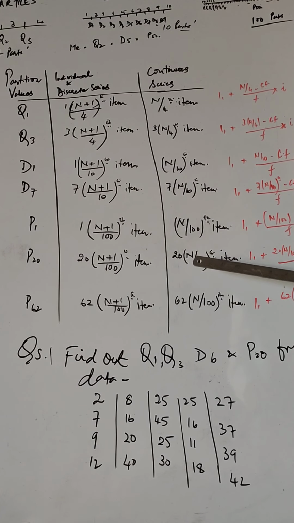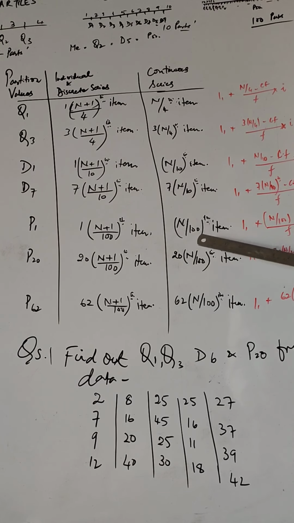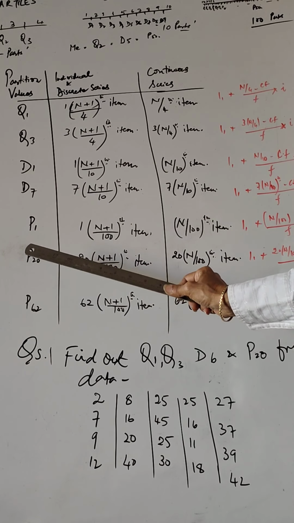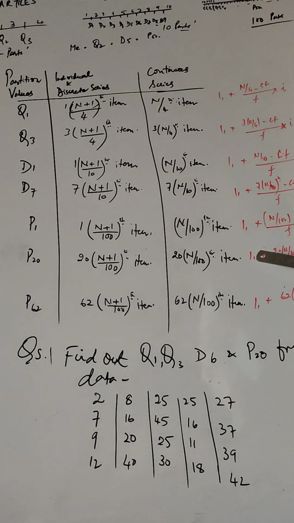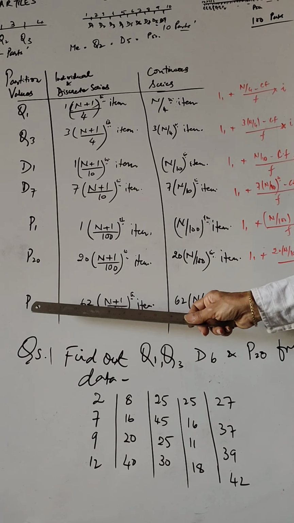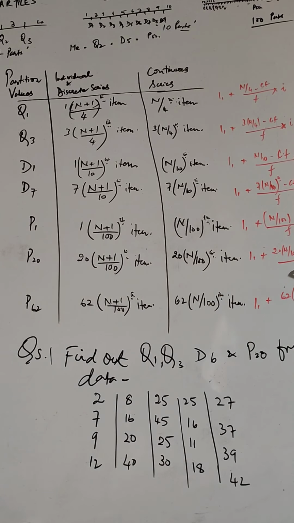And that goes on with 20; 20n by 100 will give you in which class interval P20 lies. Once you find that out, you get L1 plus whatever value you got, minus CF, divided by f, into I. And P62, again the same.